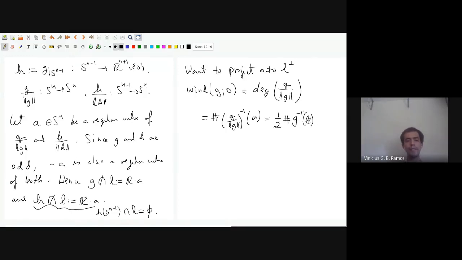L is one-dimensional, and G goes from S^n to R^{n+1}. Because G is transverse to L, this has to be a bunch of points.